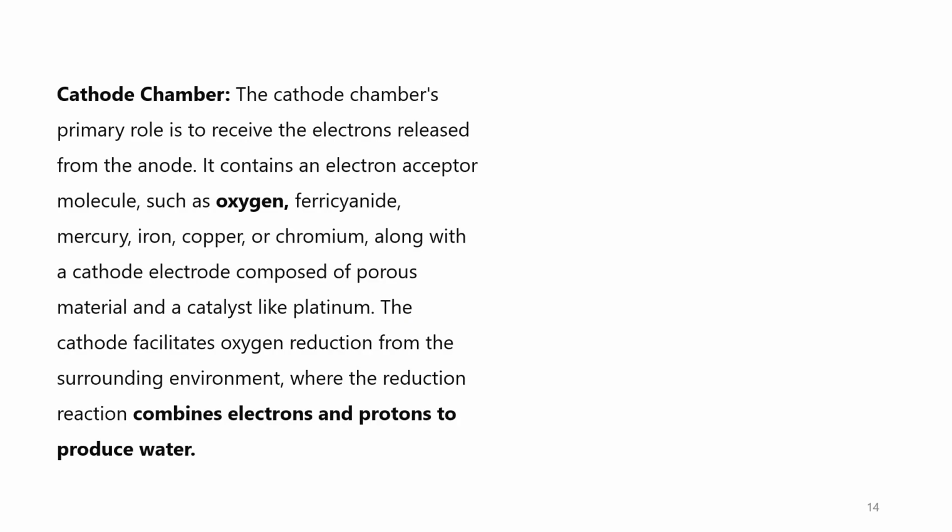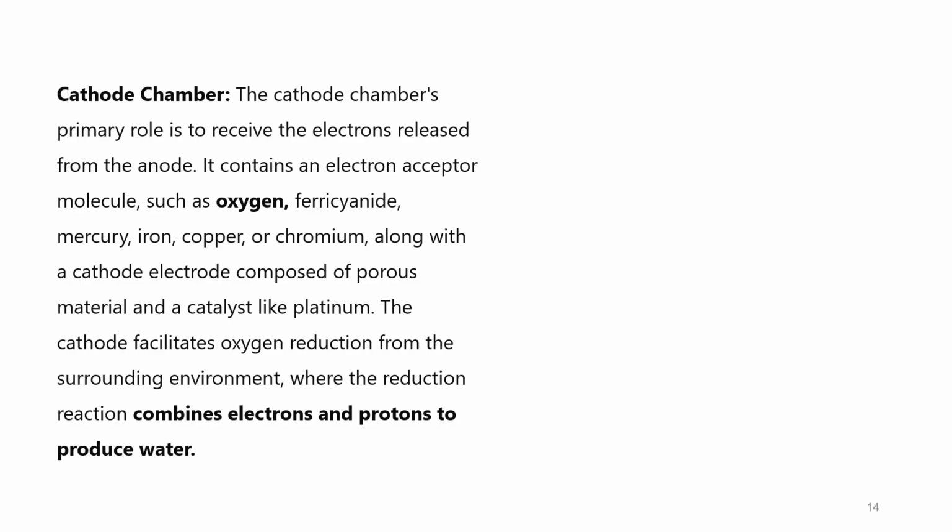So, in the cathode chamber, the primary role is to receive the electrons released from the anode. It contains an electron acceptor molecule such as oxygen, ferricyanide, mercury, iron, copper or chromium, along with a cathode electrode composed of porous material and a catalyst like platinum.